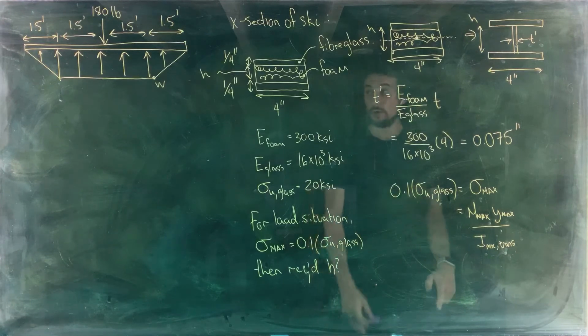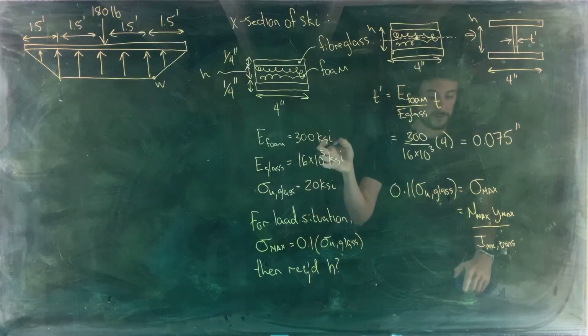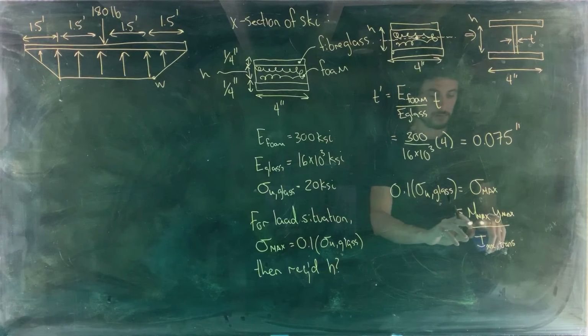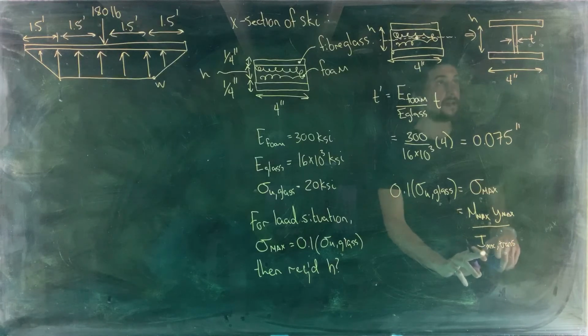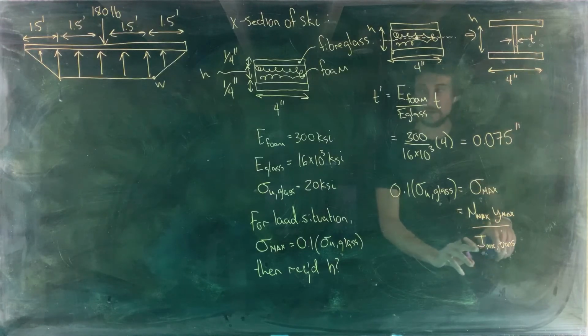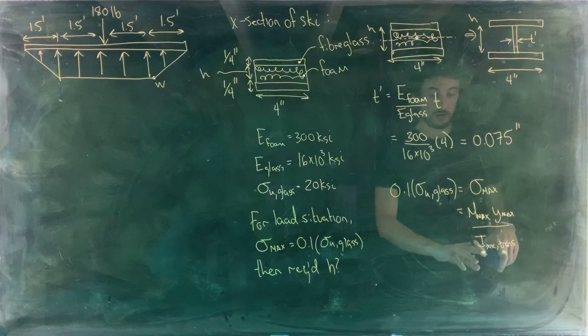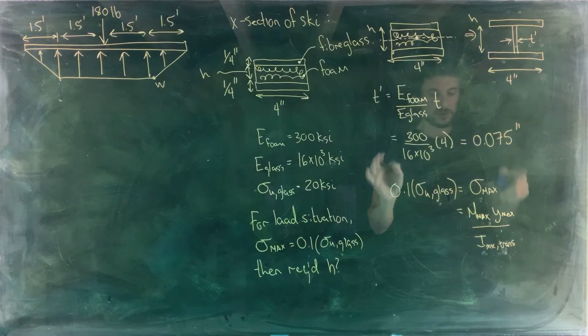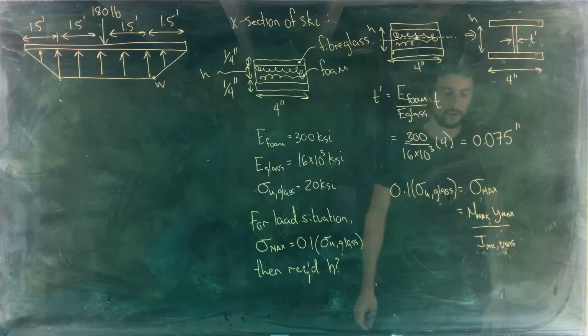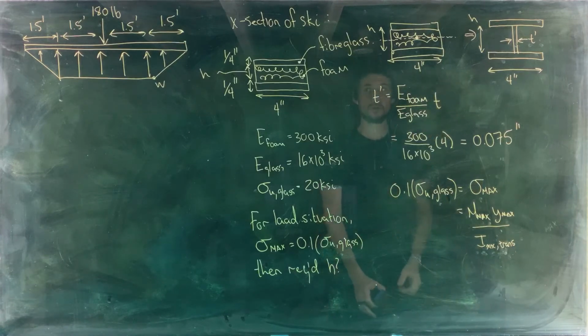So we have to do a couple of different things to solve the problem here. We've got to figure out what our maximum moment is, and then we've got to figure out what IXX is for our transformed beam. Neither of those are difficult. We're already dealing with the cross section here, so let's just go ahead and figure out what IXX is for the transformed beam while we're at it.